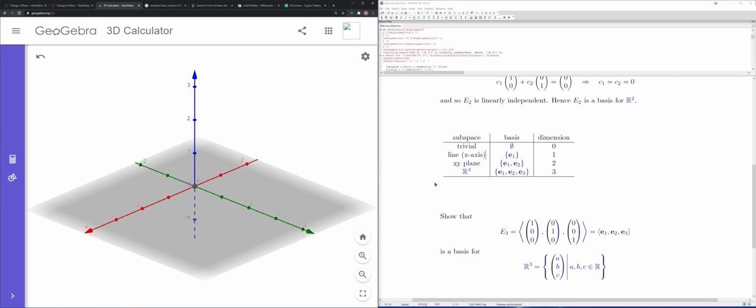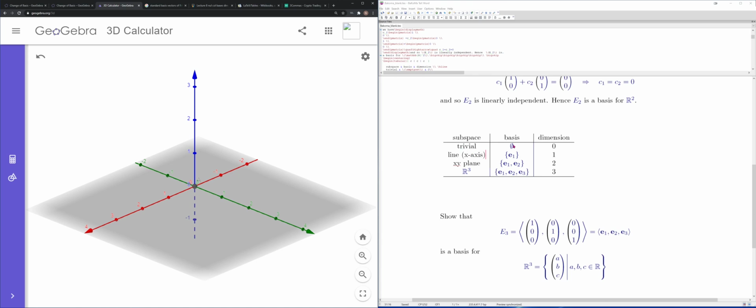You have three-dimensional space that you started off with. Then you have your xy plane, which was two-dimensional, and your basis has two vectors in it. Then you have your x-axis, which is one-dimensional and had one vector in it. When you came down to the origin, you don't need any basis vectors to describe it. So your basis for your trivial subspace is empty, and the number of elements in your empty set is 0.